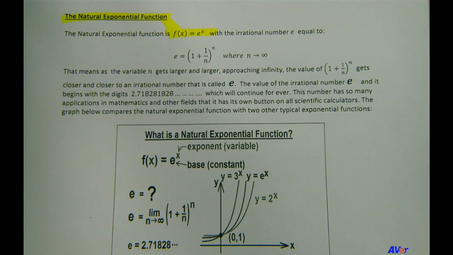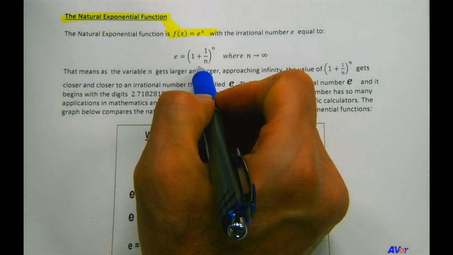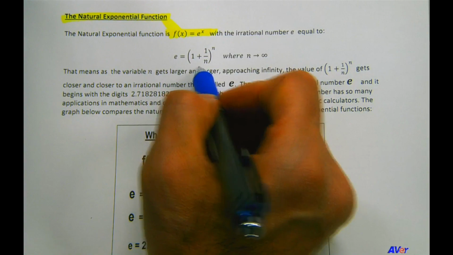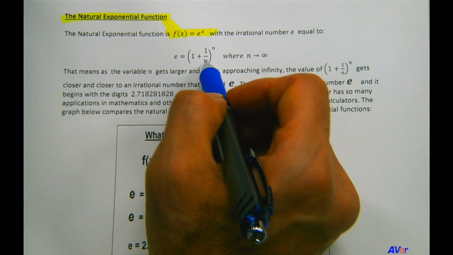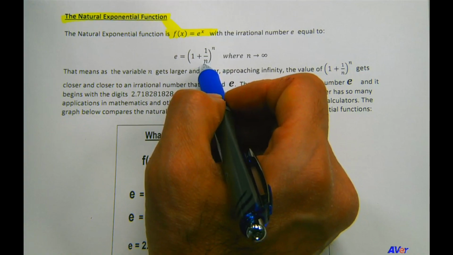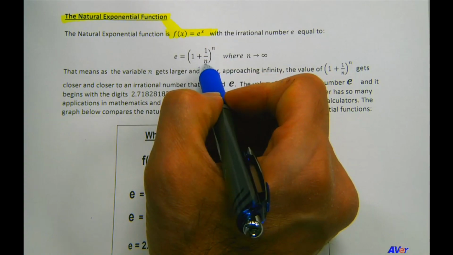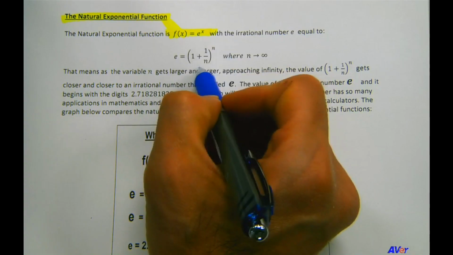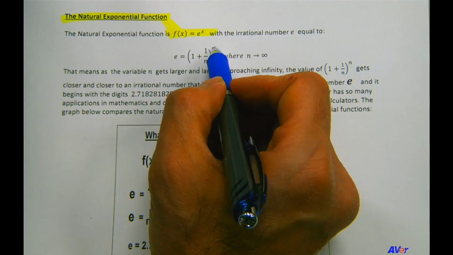So if you have free time, say 10 minutes, and you are interested in this, just use growing values of n and calculate this formula on the right. So pick n equals 100, calculate this: 1 plus 1 over 100, to the 100th power.